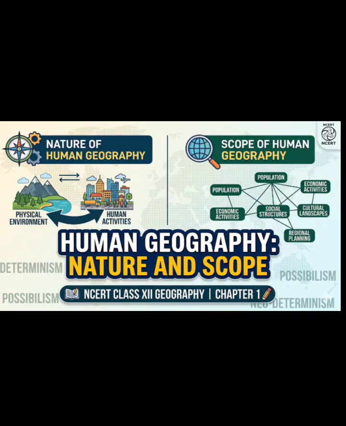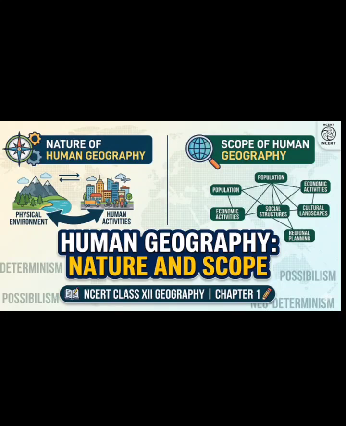Do you realize that the earth comprises two major components, that is nature or physical environment and the life forms including human beings? Make a list of physical and human components of your surroundings. Physical geography studies the physical environment and human geography studies the relationship between the physical and natural and the human worlds.